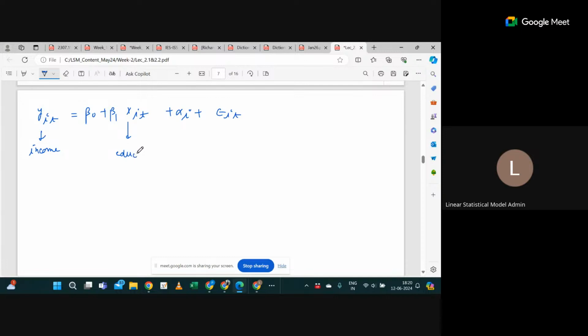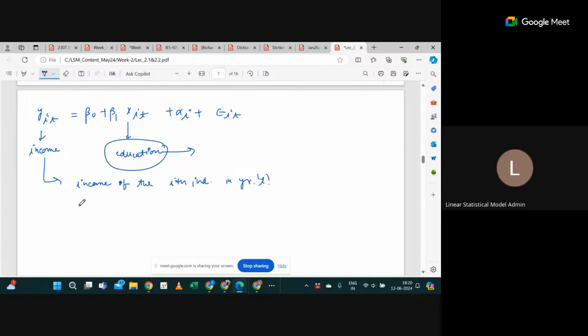This is an extension of the model. How will you interpret y_it? It is the income of the ith individual in year t. And x_it is the education of the individual in year t.